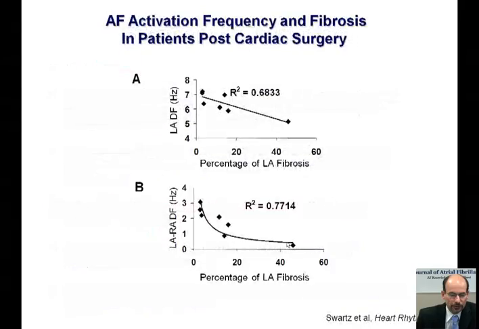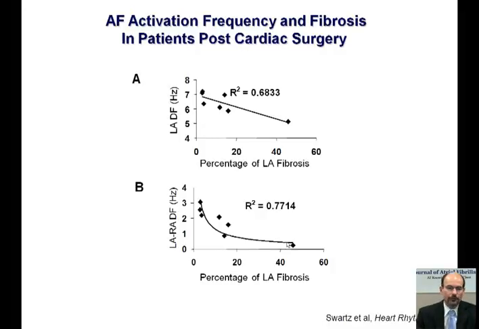And we looked further at the gradient between left atrium and right atrium dominant frequency, as this parameter was found to be important in guidance for ablation. And we noticed that that gradient also drops with increase in percentage of left atrial fibrosis.